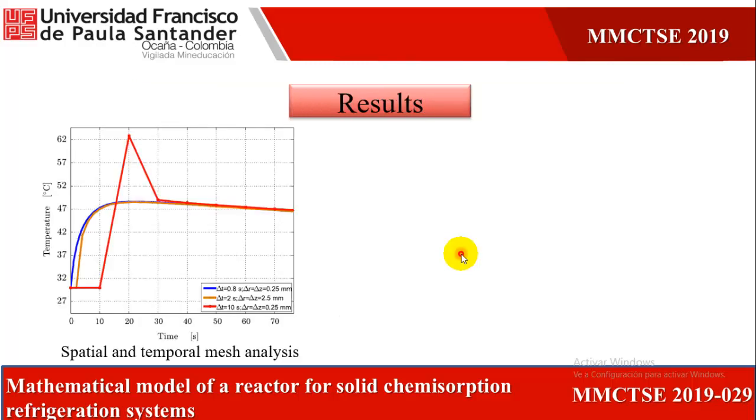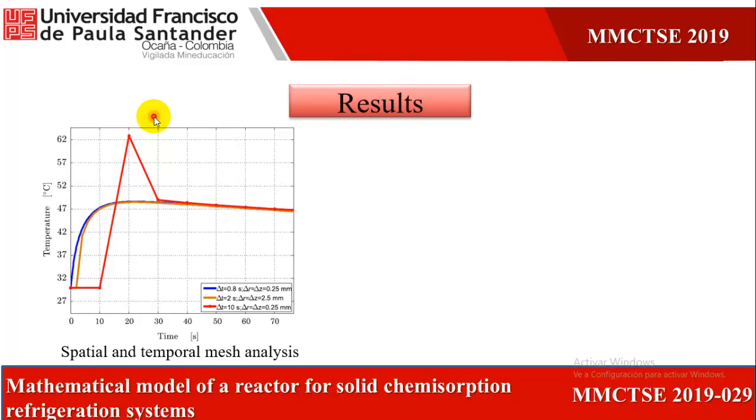In this part of the result, the solution convergence of the system of equations was verified, especially those given for the energy generation term for the sorbent bed, where it was found that with a time increase equal to 10 seconds, the system experiences a certain divergence, and therefore there is no effective solution of the whole system of equations.